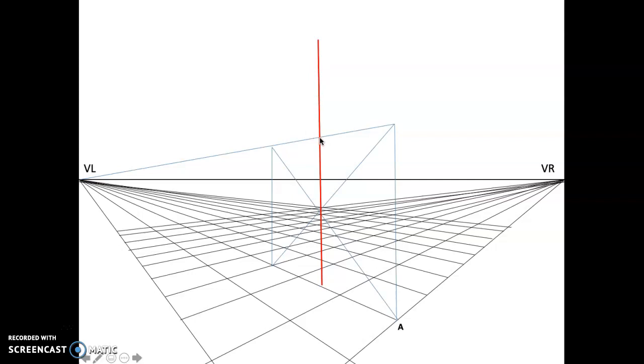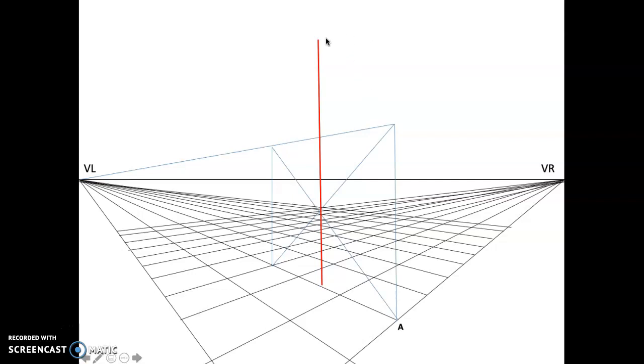And now we divided this horizontal line, this top line, into two halves. Only in perspective, they will never be the same size. As you can see here, this part is shorter than this part, and it makes sense, of course. When you look at the floor, you can see that the tiles will become smaller the more you go into the direction of VL.